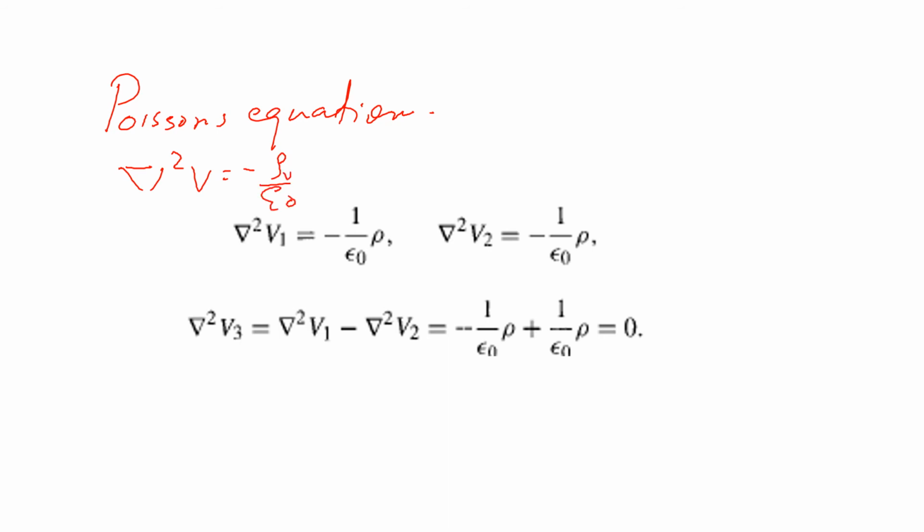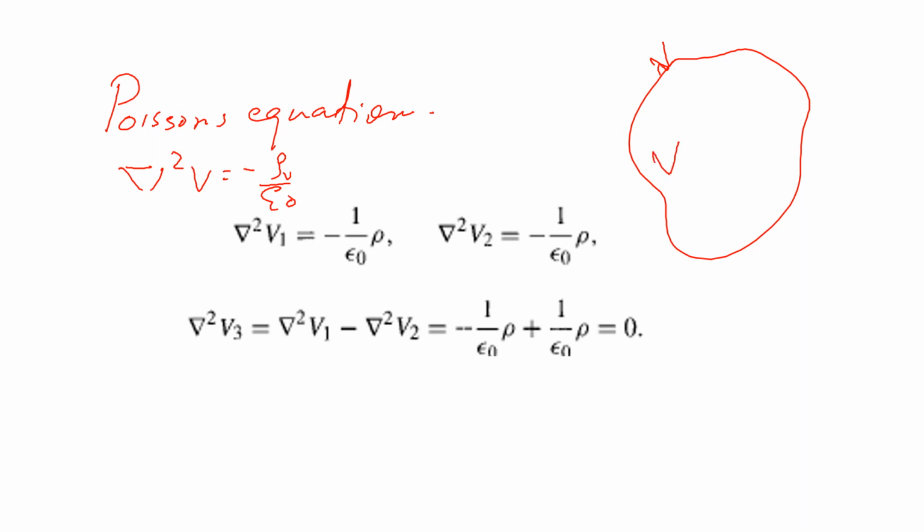Here also we have to prove that if the potential on the surface is specifically defined, then we can uniquely determine the potential inside also. The same type of derivation can be used for Poisson's equation.